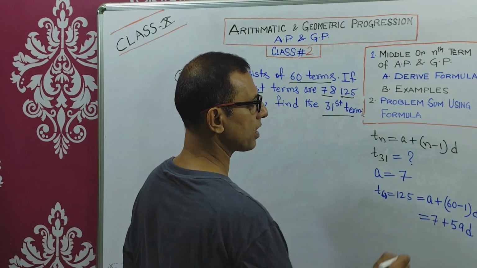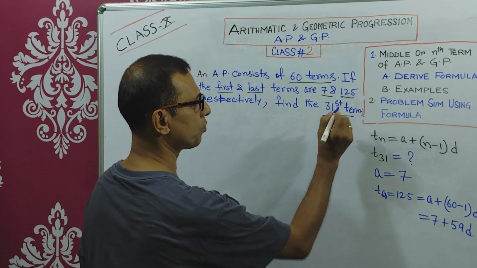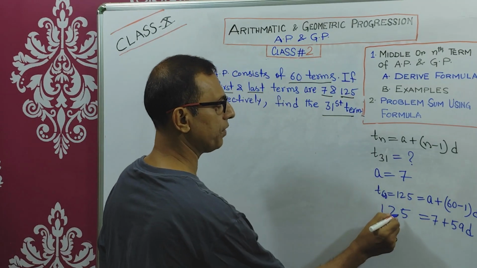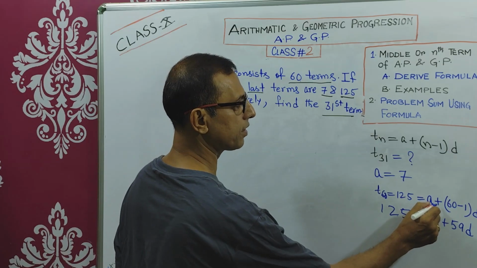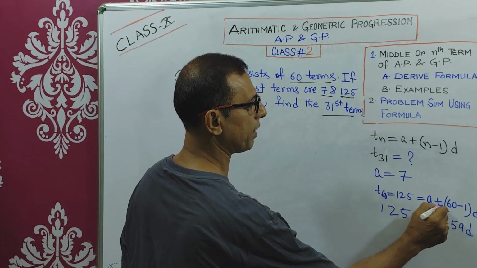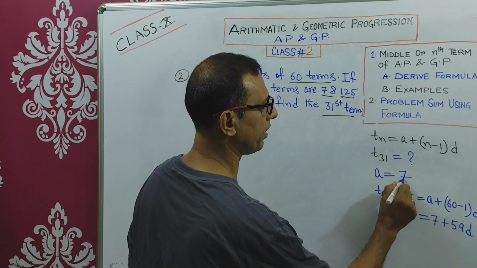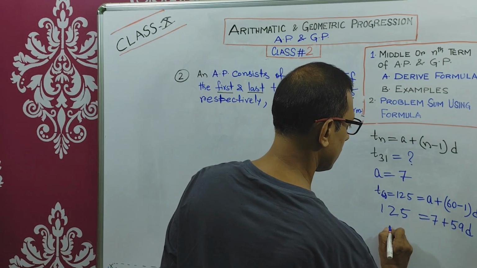So the equation is 7 plus 59D equals 125.